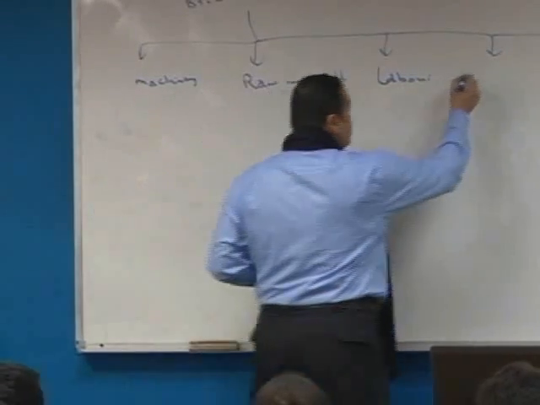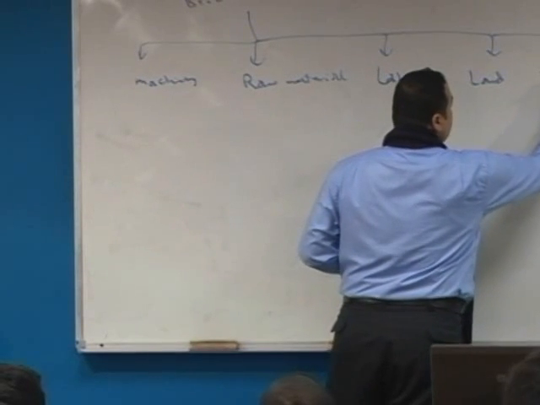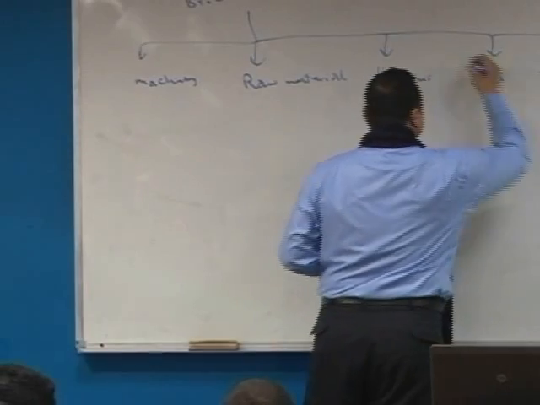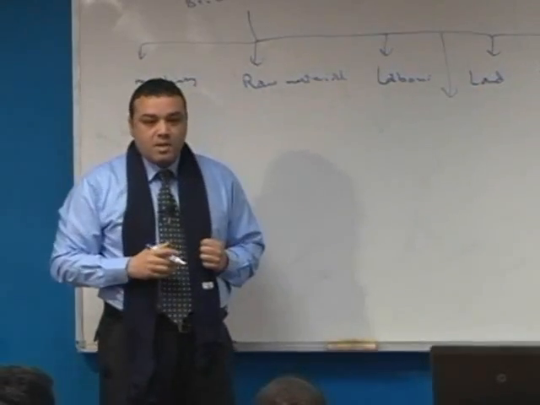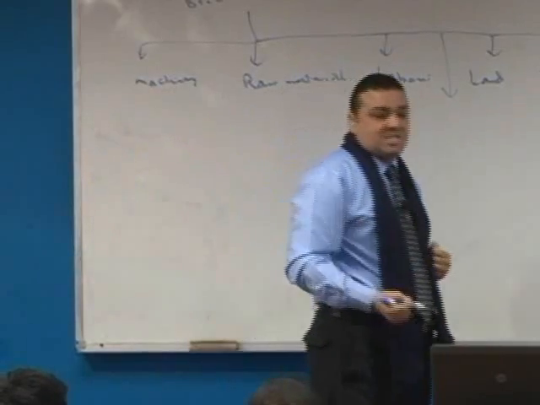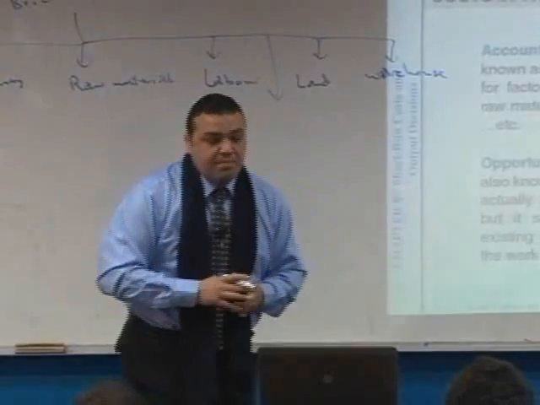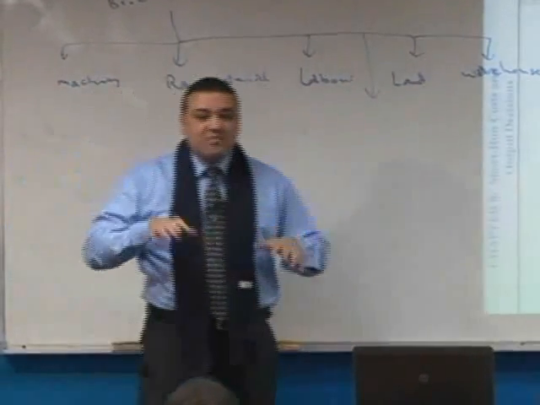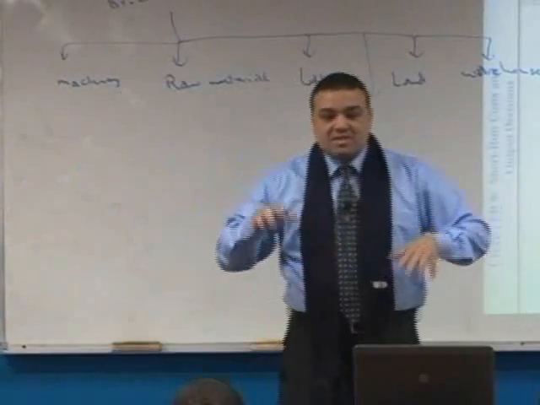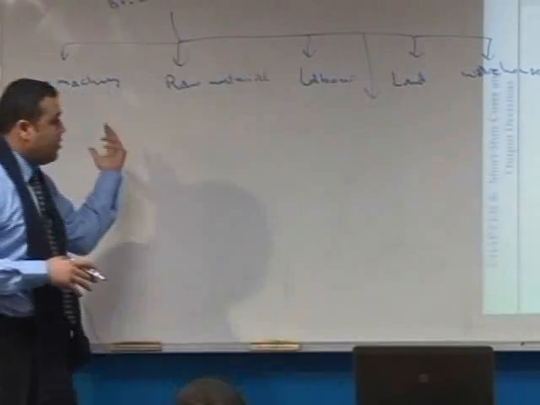Yes. Warehouse. To store the outputs, and you have to pay taxes, you have to pay insurance, registrations for the building, and so on. So let's classify the different types of the costs.